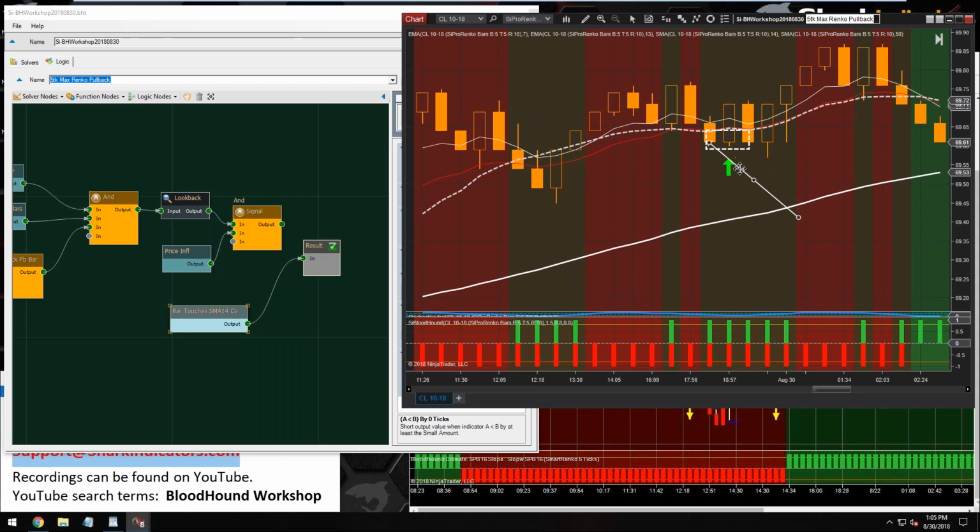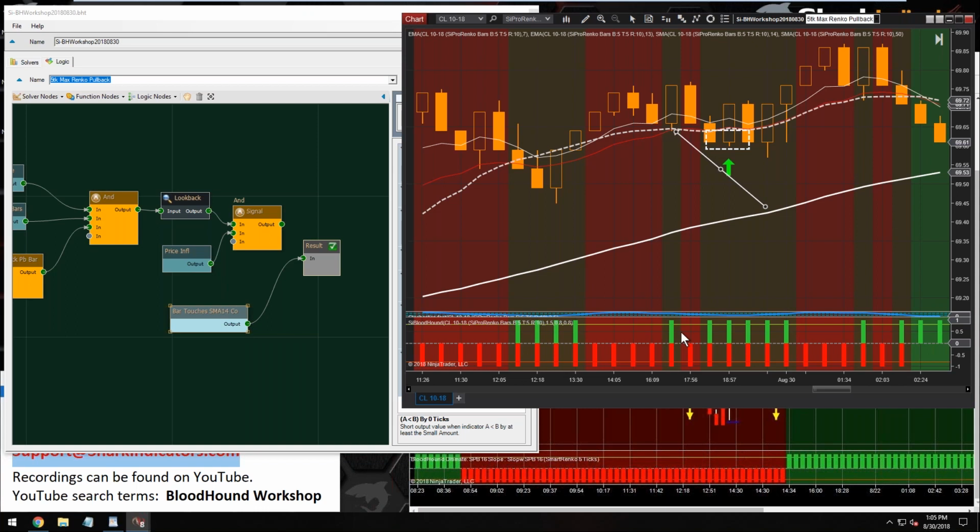So basically, as long as the low of the bar equals the SMA or is below it, we should see a long output, right? And so we get that. So even on this reversal bar, see how the wick just barely goes below the SMA? And we got a long output from BloodHound there.